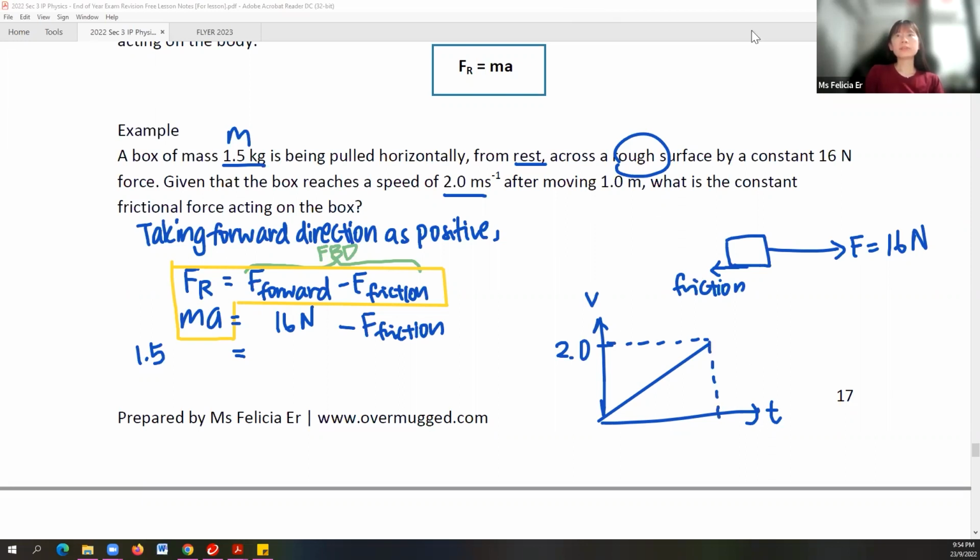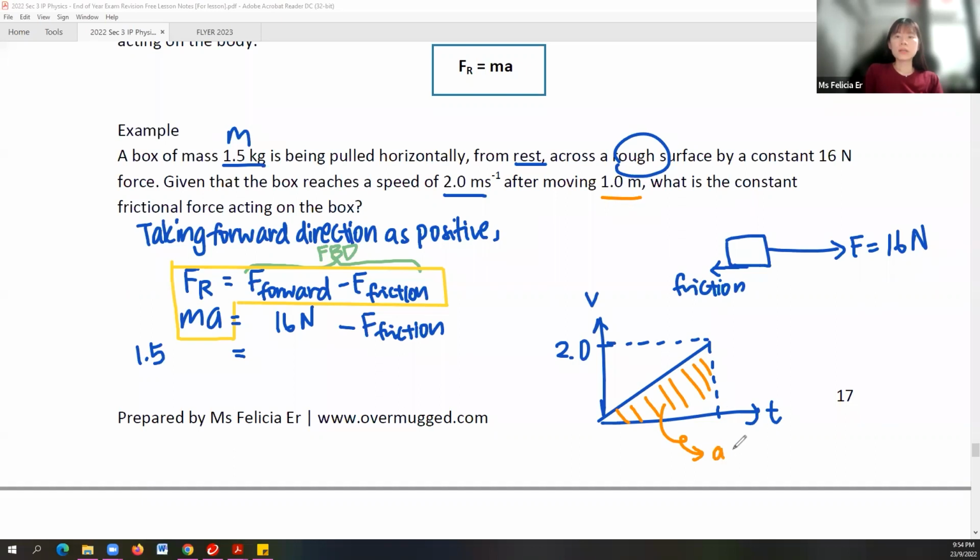Then they tell you that this is moving 1 meter. For a VT graph, how can you tell the distance traveled? It will be the area under graph. So this area under graph here is actually 1 meter.